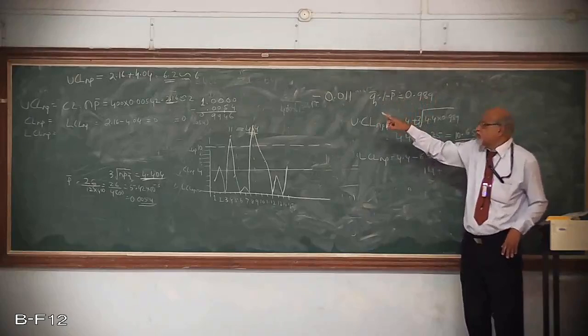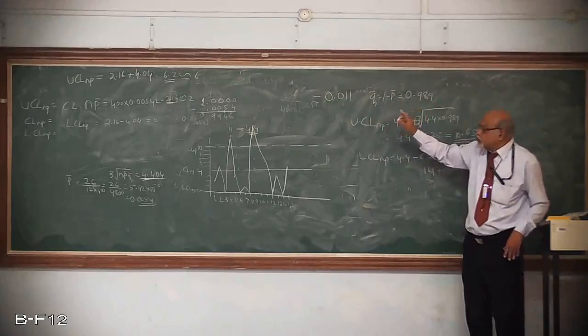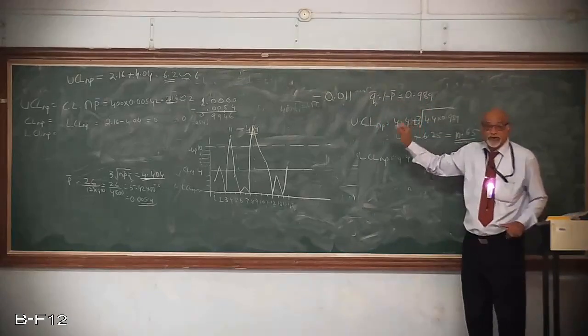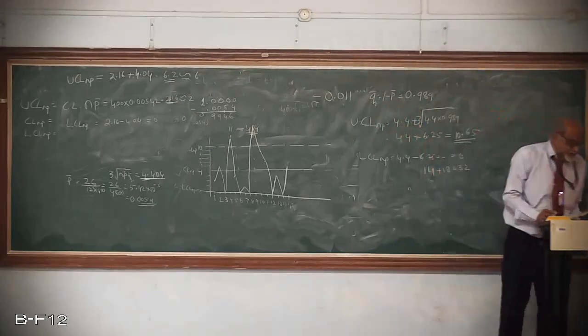Revised trial control limits are: upper control limit is 6, central line is 2, lower control limit is 0. So we will try to compare these things.